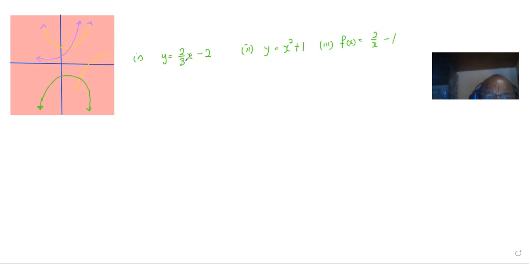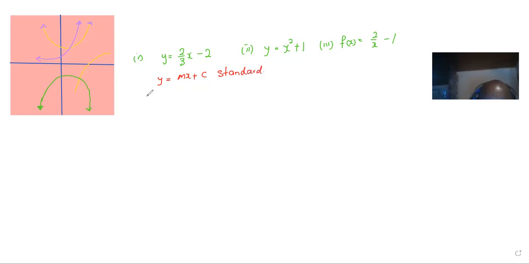Now, with the linear function in the standard form, you shall remember this is y is mx plus c. This is standard form.